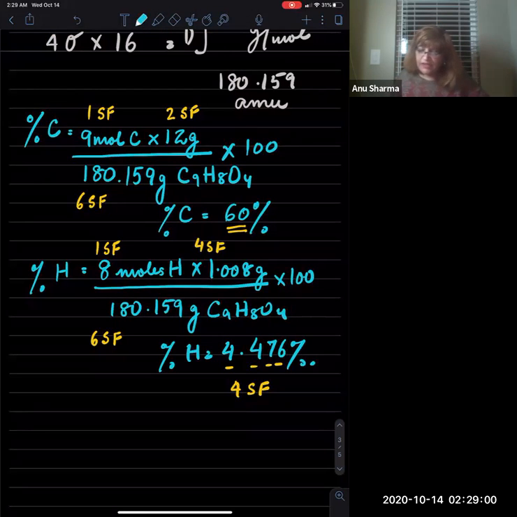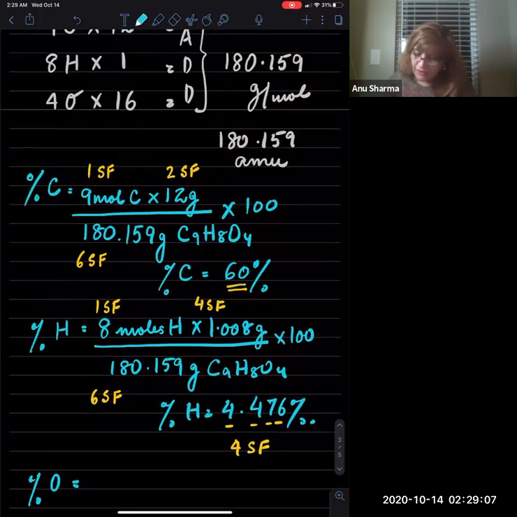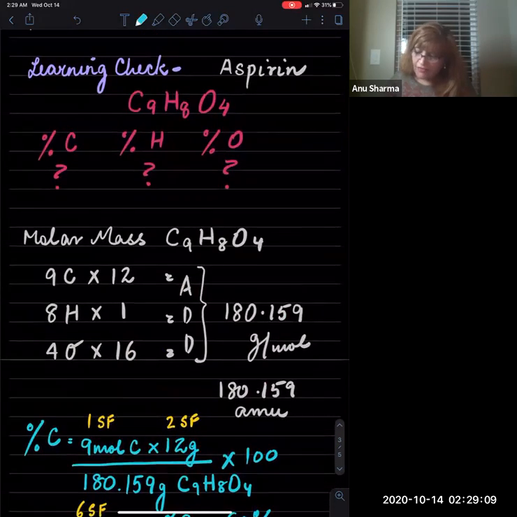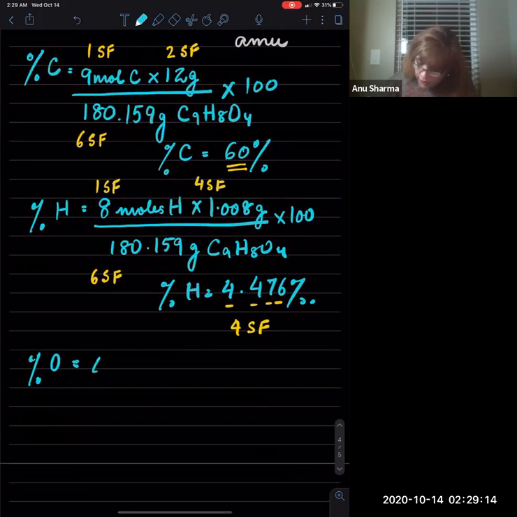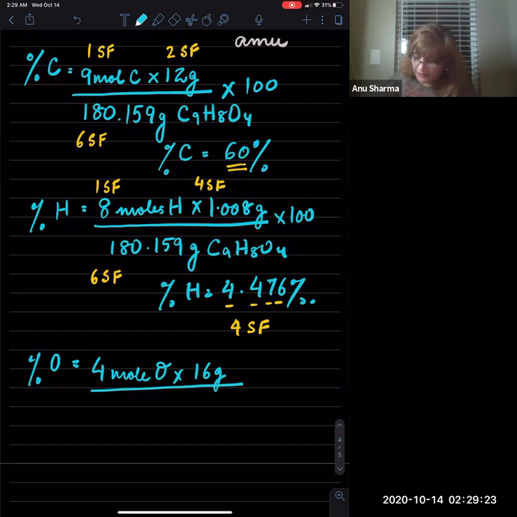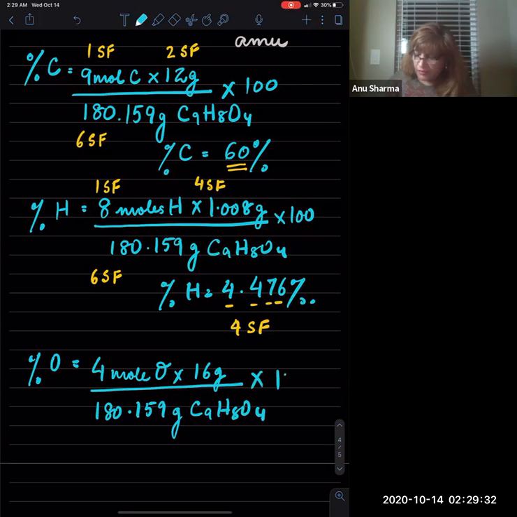And then comes the other one, which is oxygen. The percentage of oxygen: in this molecule we have 4 moles of oxygen, each is 16 grams, and that whole thing is present in 180.159 grams of C9H8O4, times 100.